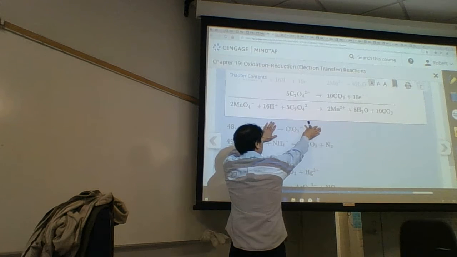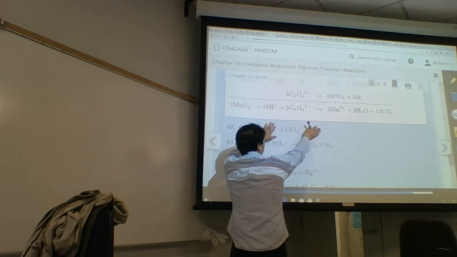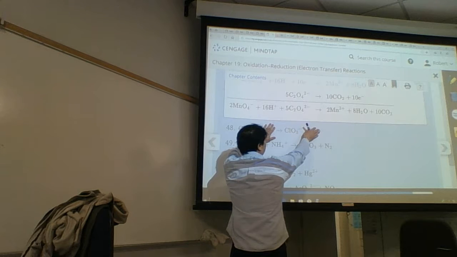3, to which side? Left. Good. How many hydrogen ions do I add? Well, if I have 3 waters, how many hydrogens are in 3 waters? 6. So I need to add 6 hydrogens to which side? Right side.